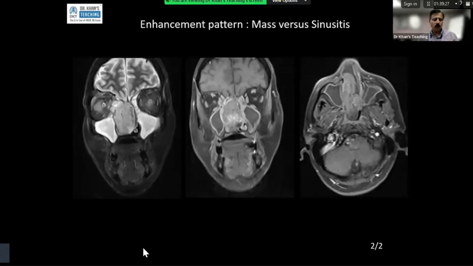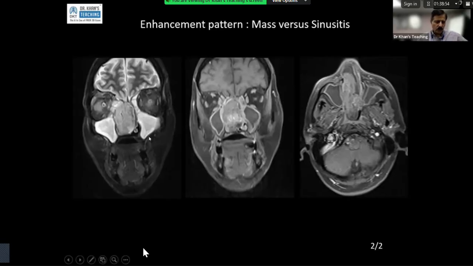We will do T1 without contrast. T1 without contrast is beautiful in head and neck because of fat. We see anatomy very well. And then we do fat saturated T1 followed by post-contrast fat saturated T1. We can also do T2s, particularly sagittal T2 to look at the spine, etc.